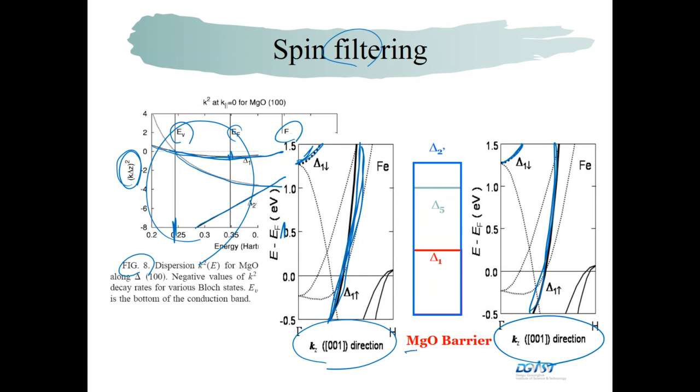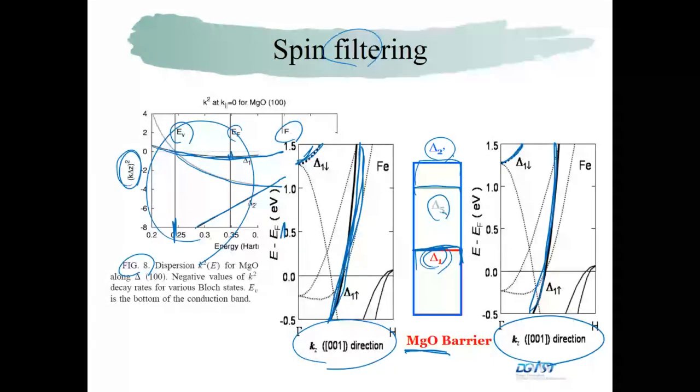Even though we modeled this MgO barrier by the simple barrier model, we can imagine that for delta 1 we have a small barrier, while delta 5 has a higher barrier and delta 2 an even higher barrier. So the contribution of delta 1 will be more dominant compared to the other bands. So that's the simple explanation of the MgO TMR.